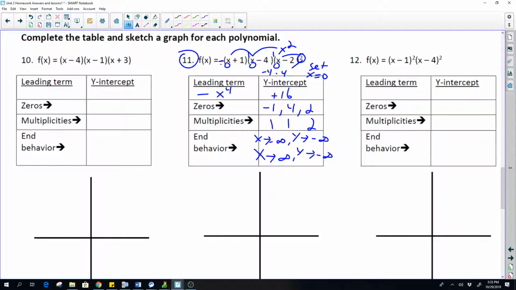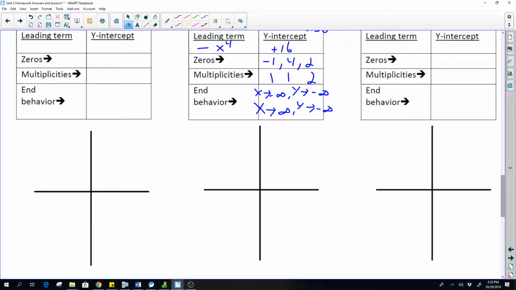Cool, so to graph these ones, what we do next is use the end behavior, which is going down, down. So down here and down here, excellent. And we have our zeros at negative 1, at 2, and 4, good.